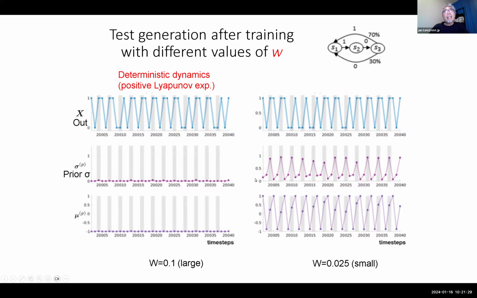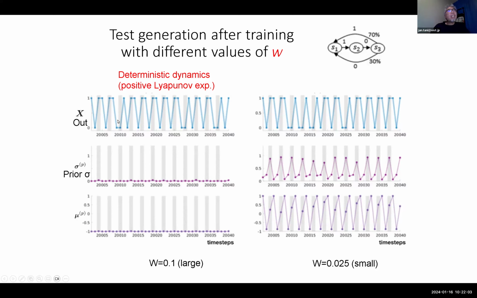So the sigma goes up here. It is low during 1, 0 because this is deterministic, but at this branching point it becomes high. In this case, stochastic dynamics is generated by adapting the prior precision structure. Every third step, sigma becomes larger, and that's why there is branching here.